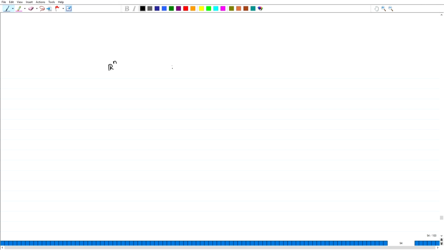So now x belongs to R n means, just I will fix first some notation, that x is equal to x1, x2 up to xn, the n-tuple, and each of these xi's are in R. If we take the mod of x, this is the square root of the sum over i equal to 1 to n of xi squared, whole to the power 1 over 2.